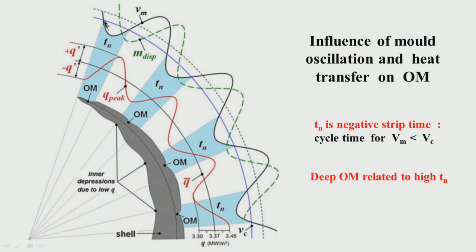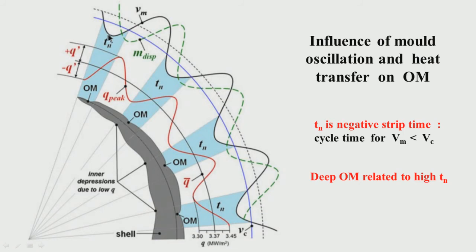In some portion of the cycle, the velocity of the mold is relatively upwards compared to the casting speed. But at a certain portion of the cycle, the downward velocity is more compared to the casting velocity. So, this portion of the cycle causes oscillation marks.